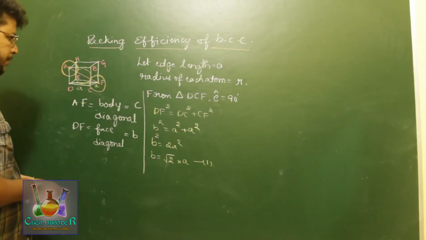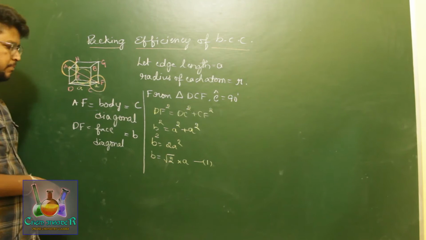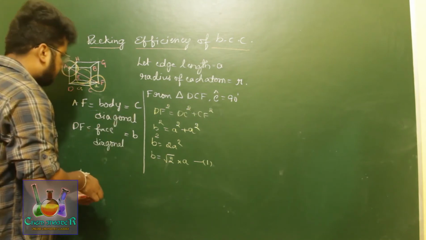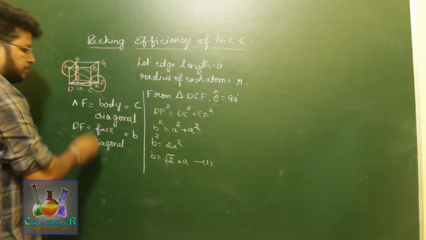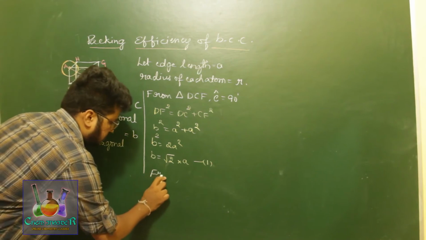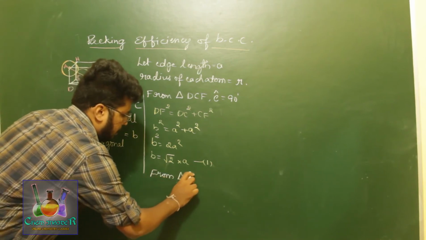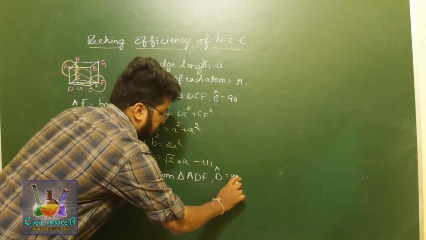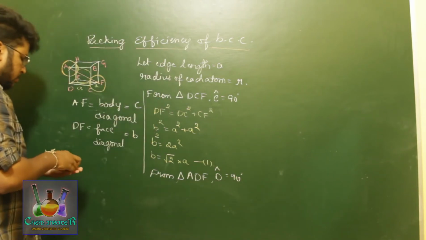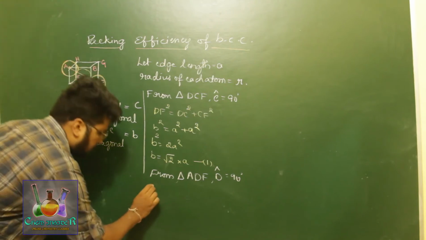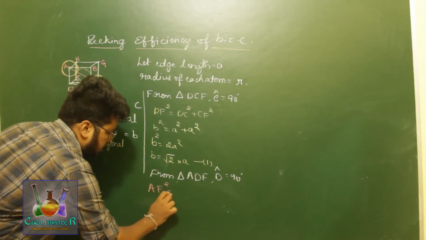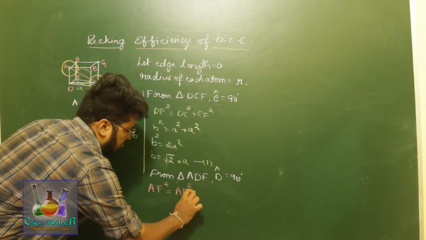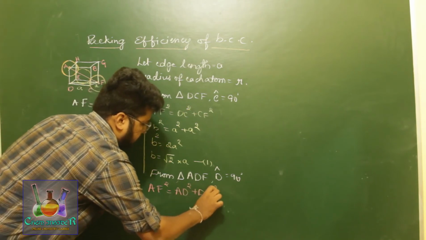Now for the second point, to calculate the value of C, consider the triangle ADF. From triangle ADF, angle D is equal to 90 degrees. Therefore, AF square is equal to AD square plus DF square.